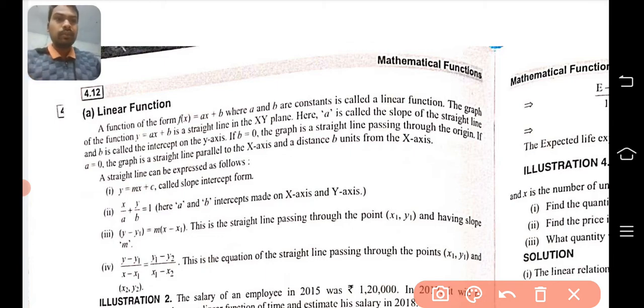Here a is the slope of the straight line, and b is the intercept on the y axis.